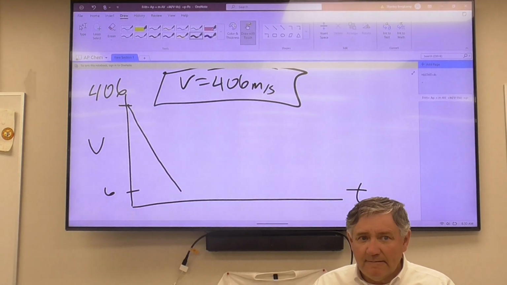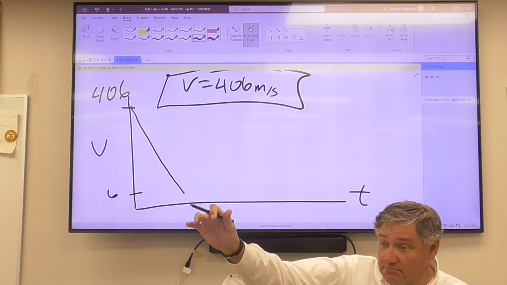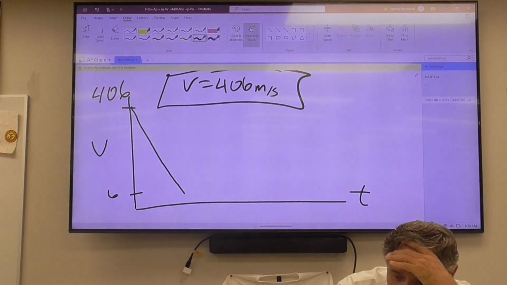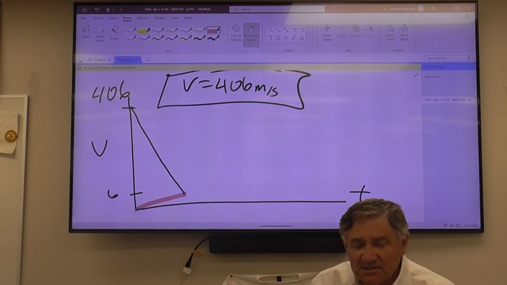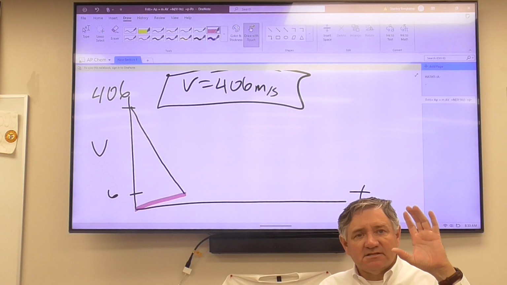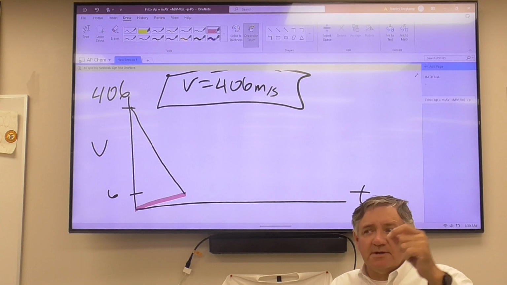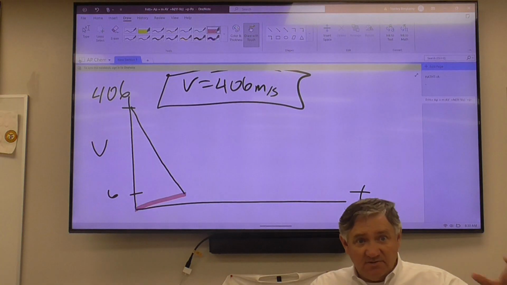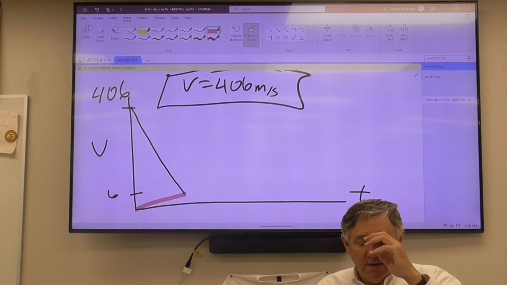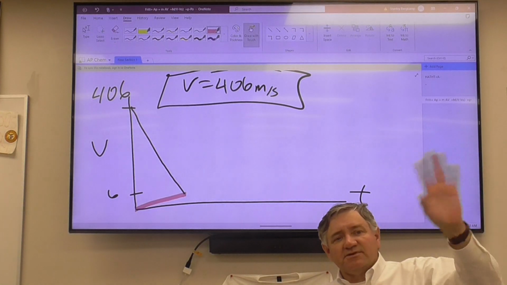Now, what's the block going to do? It's going to go from 0 up to 6, because it's going to speed up during this time. Is the time it takes for the bullet to slow down equal to the time it takes for the block to speed up? Yes, because they're interacting together. I don't know what this time is, we'll deal with the time later.